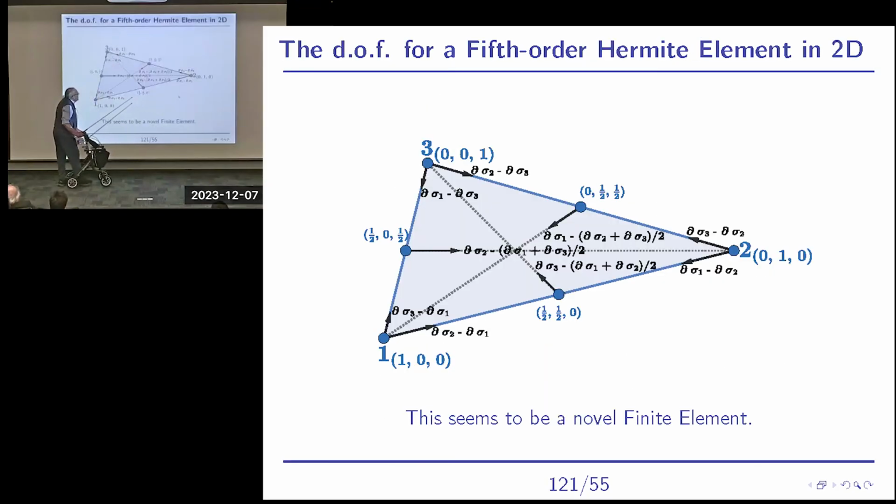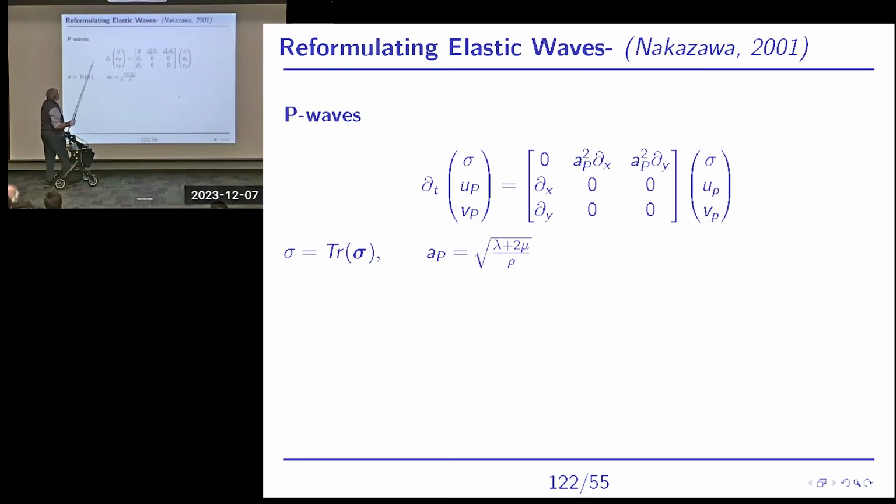Here's an attempt to do this in two dimensions. So we have a quartic element which contains these derivative degrees of freedom. This does not appear anywhere, as far as I can tell, in the finite element literature. And we're solving the elastic wave equation, so we're solving something a bit more complicated than acoustics. In solid elastic dynamics, there are two sorts of wave.